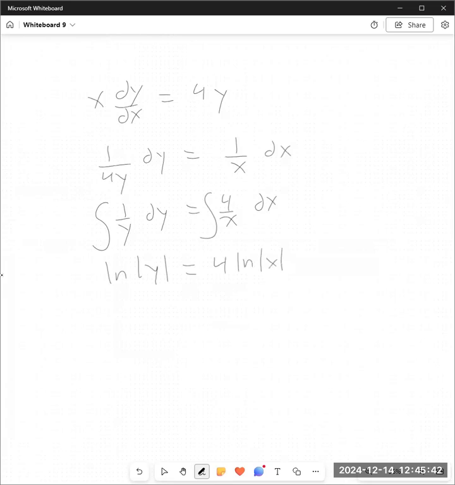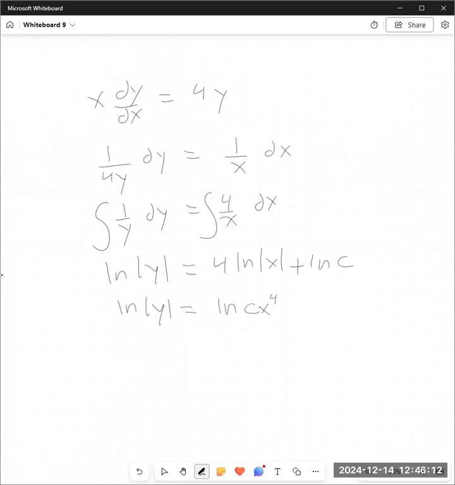And normally we would say plus c to get our generic constant of integration, but because everything has ln's here, I'm going to say plus ln of c, and that also gives me a generic constant of integration so that I can use my ln properties here. So ln of absolute value of y is equal to ln of x to the 4th plus ln of c, so that c can come in here.